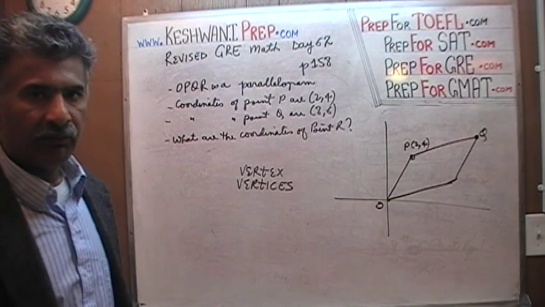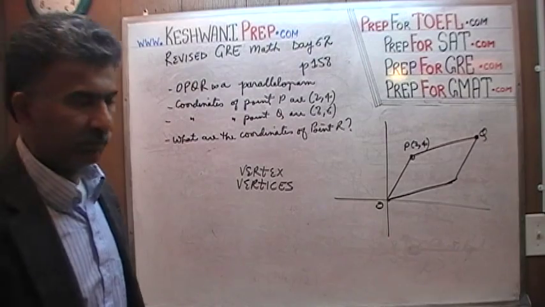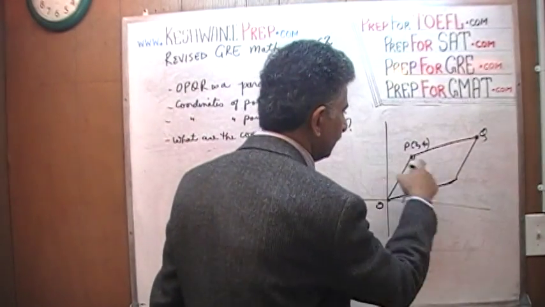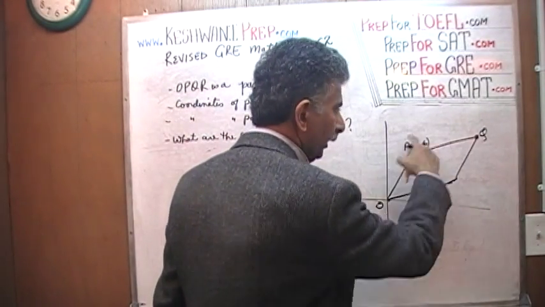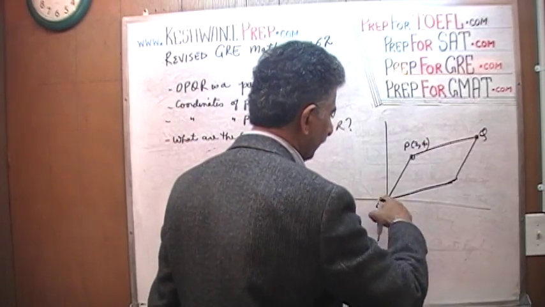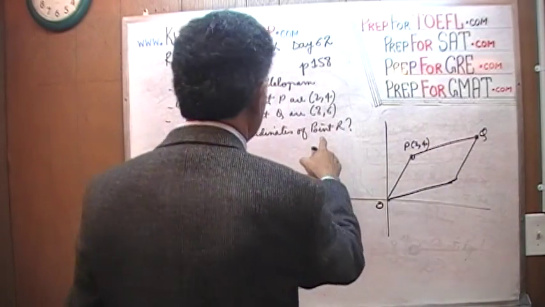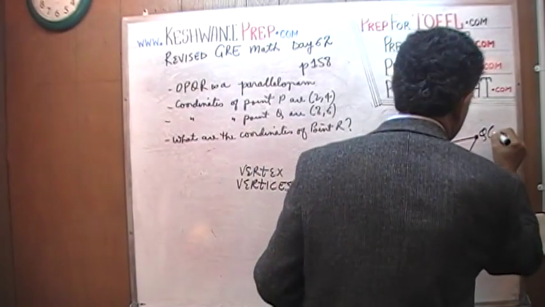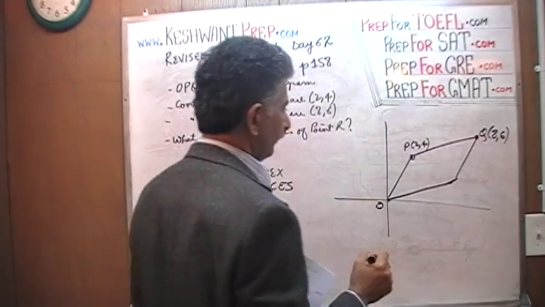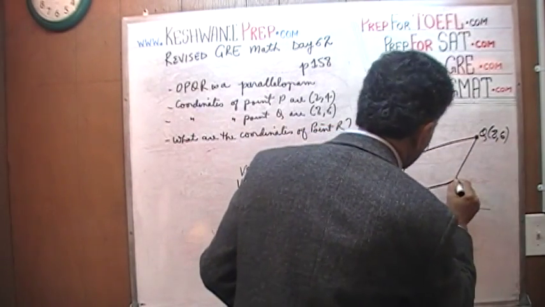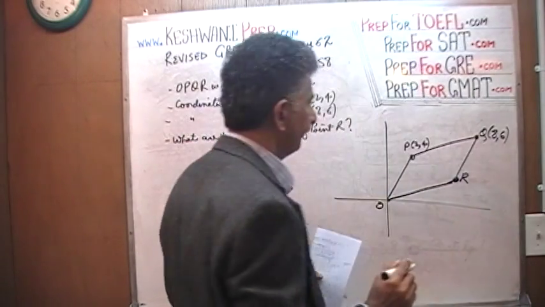One does not go all over the place. You cannot go O, P, Q, R in random order. It has to go clockwise or anti-clockwise. So O, P, Q, which is 8 and 6, and then this must be R. This is the point we are interested in.